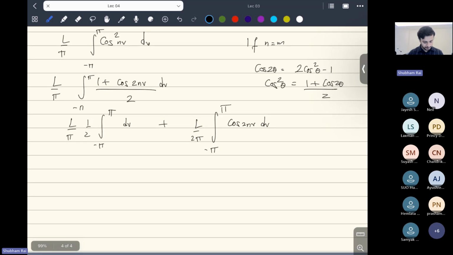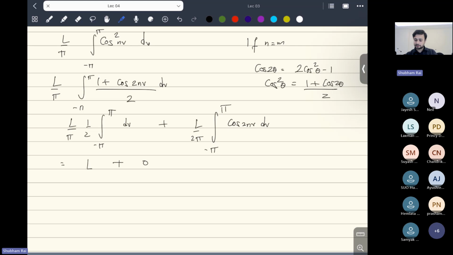The first term that you will get from here will be nothing but 2 pi, and it will get cancelled. So finally you will get L here, I think. And the next term will be 0. So you get the answer as L.